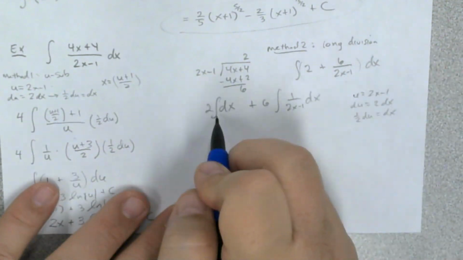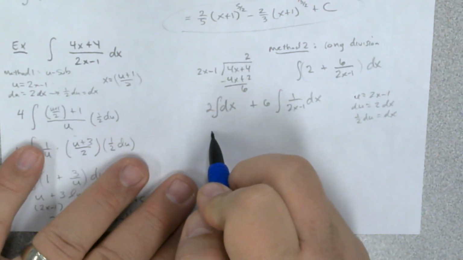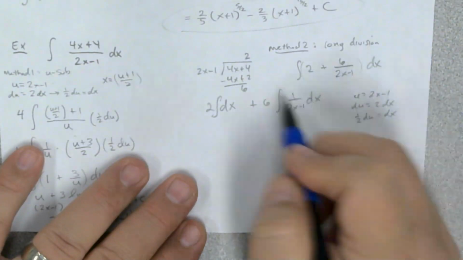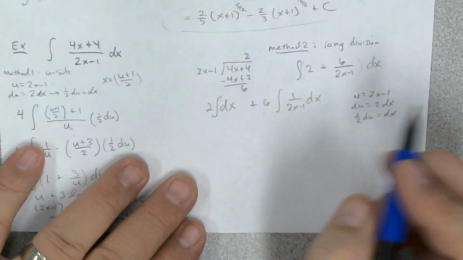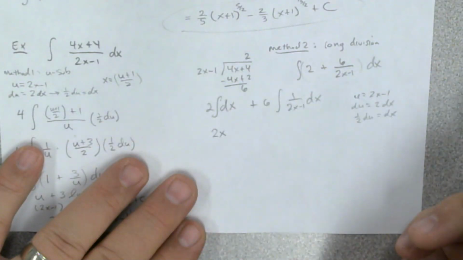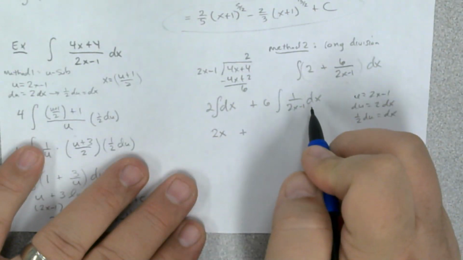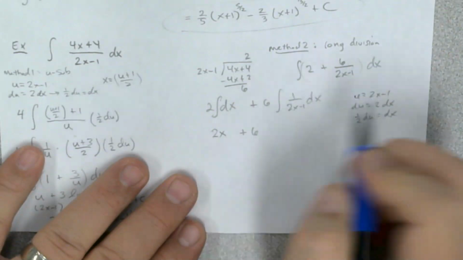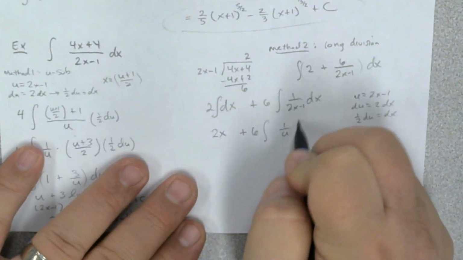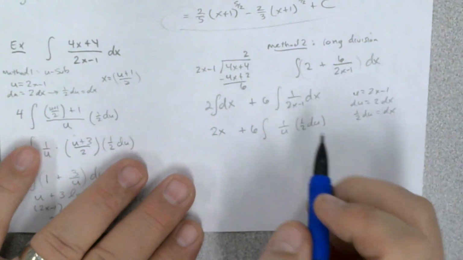So this one I already know the answer is going to be this, so this is kind of like a mid form. You can do this off to the side. I don't want you to get a problem wrong if you merge these together, but this will be 2x plus a constant that I'm going to save for later, and then this over here is going to be 6 times 1 over u times 1/2 du, which is going to come out as a 3.